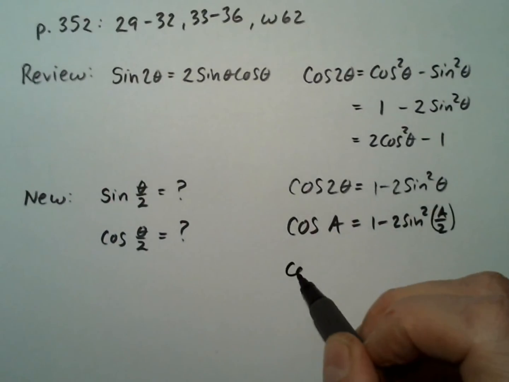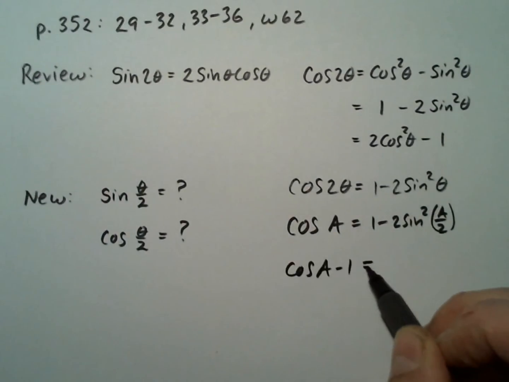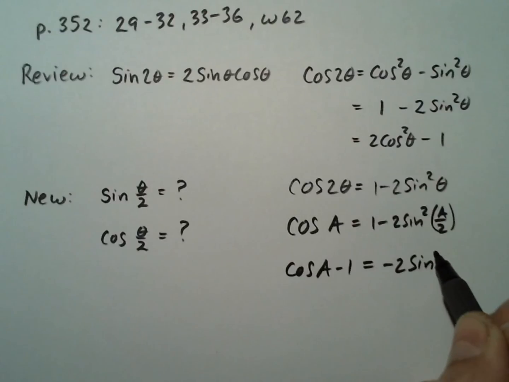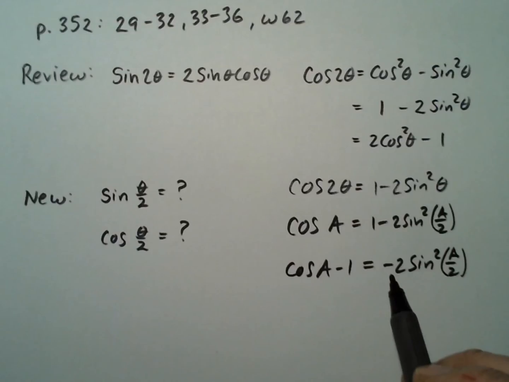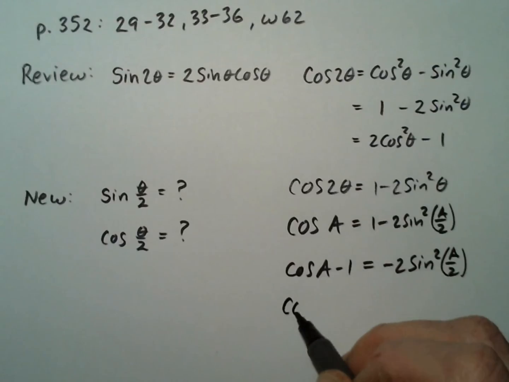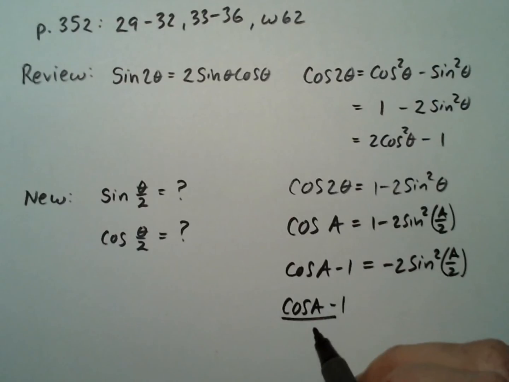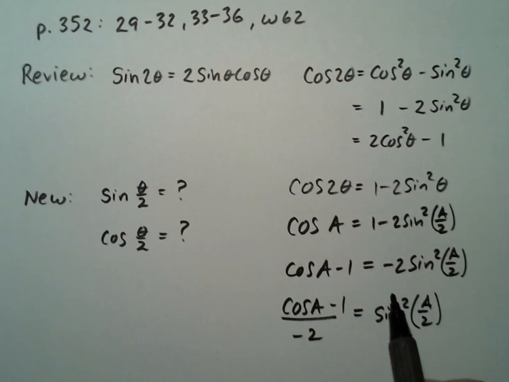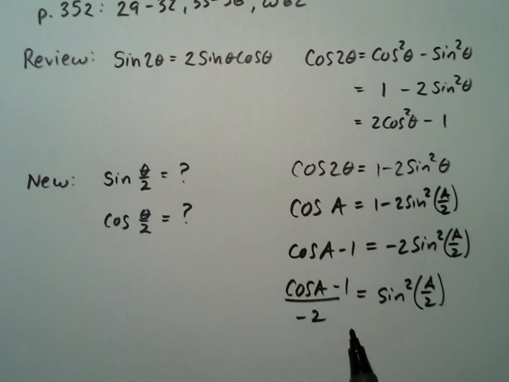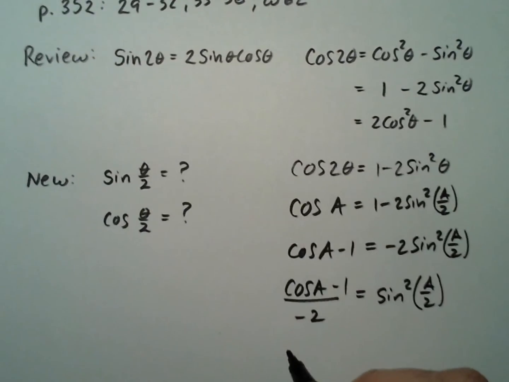So let's go and we'll divide by -2. And then, since we're dividing by a negative, we normally write it like this.